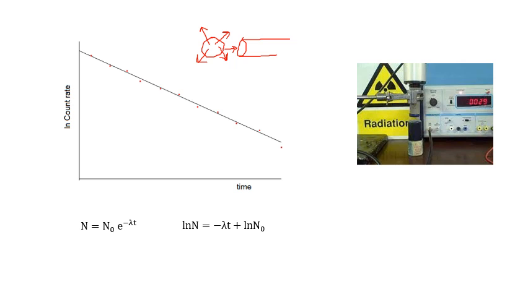So what it detects is the count rate, which is going to be a lot smaller than the activity. In fact, a lot of the beta particles won't even escape from the material. So when we say count rate, that's not activity, but it will be proportional to the activity, so we can use it to find the half-life.